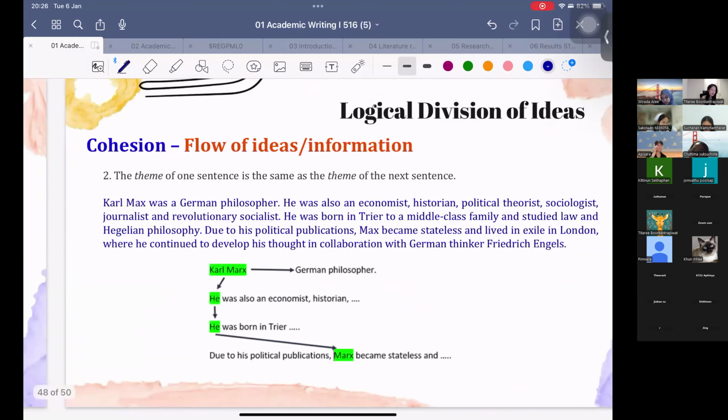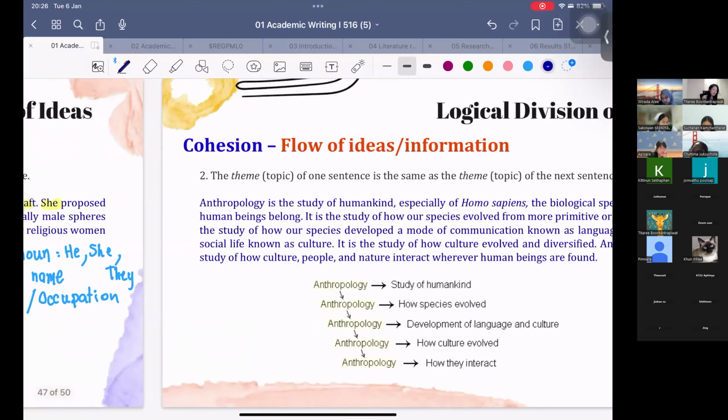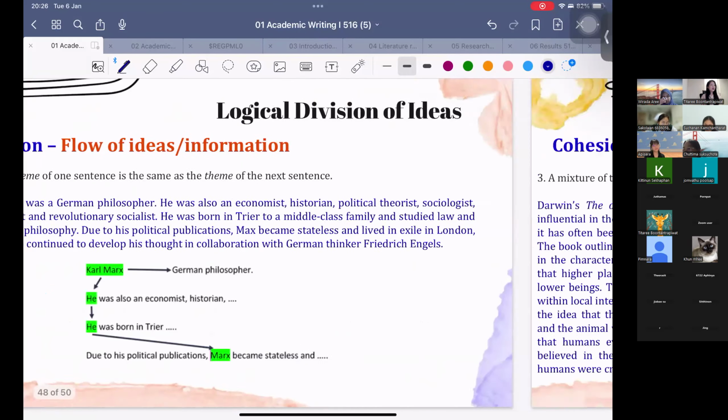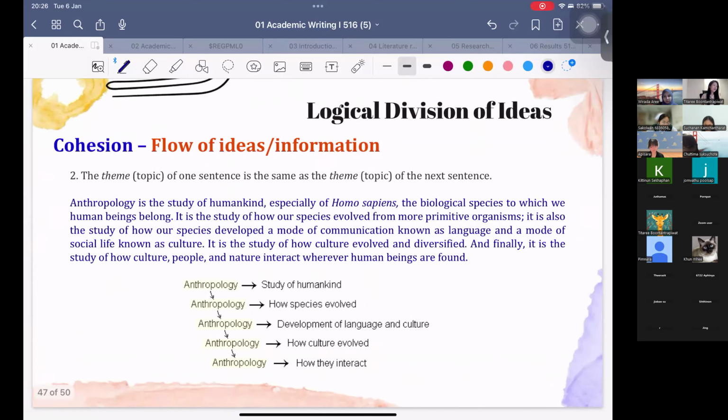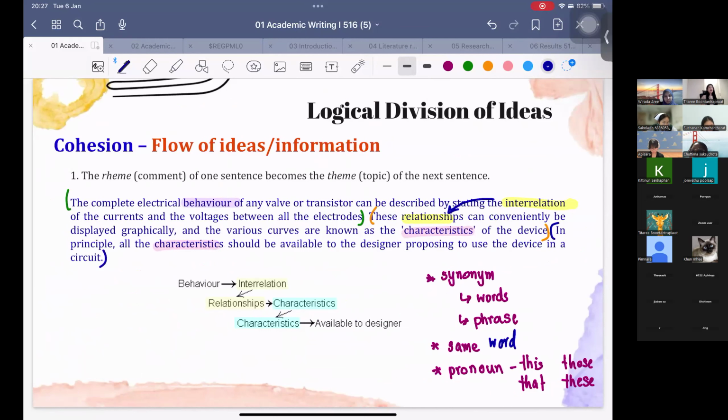For the other thing, this is about how you connect information together. You can have a read of this, just ignore that. Cohesion, technically, is when you need to connect information from one sentence to another.